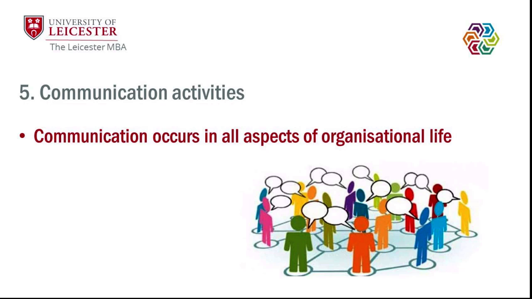For example, these might include directing action and achieving coordination. So managers need to communicate to their staff what is expected of them. They need to be able to bring together the activities of large numbers of people in order that they achieve organisational objectives. Communication is central to job training.